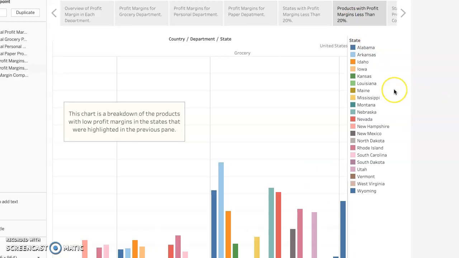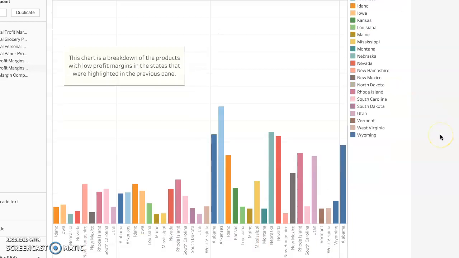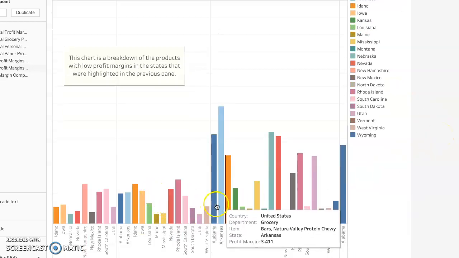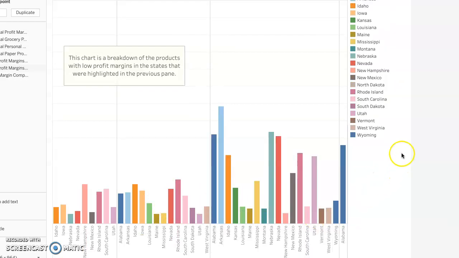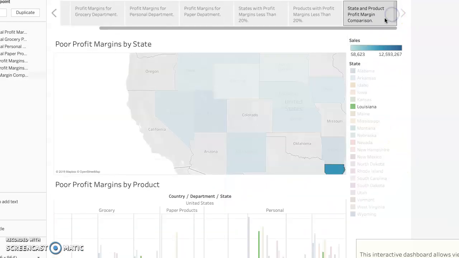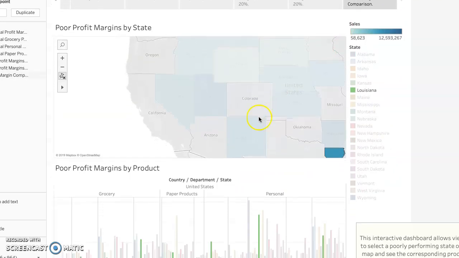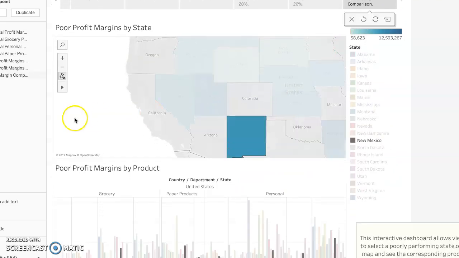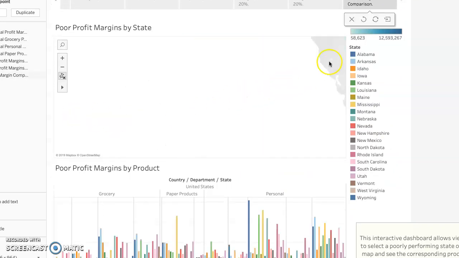Again, over to the products that are below 20% within those poorly performing states, and finally back to our interactive dashboard over here. Lost that for a second, but that is pretty much the story.